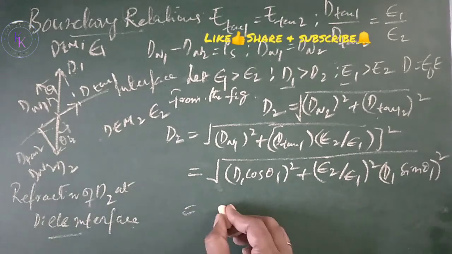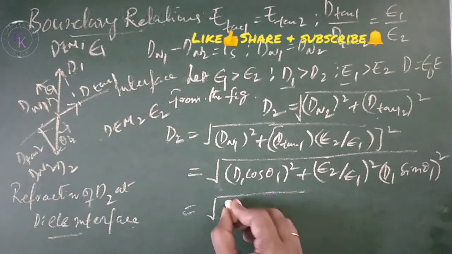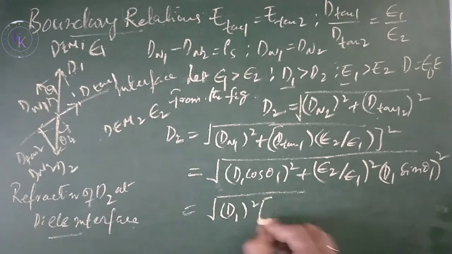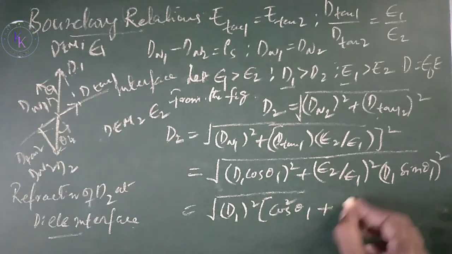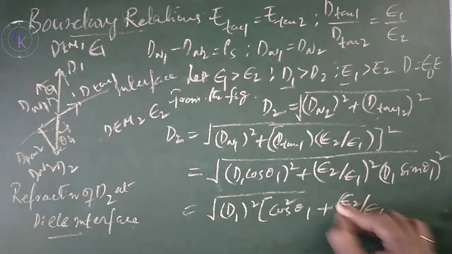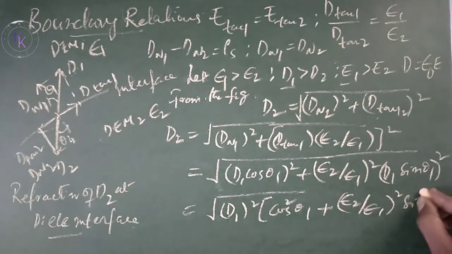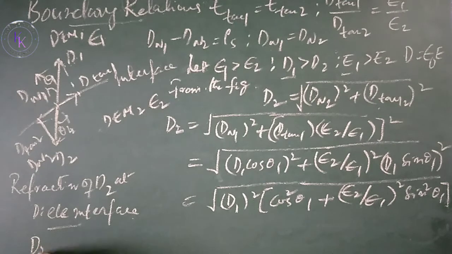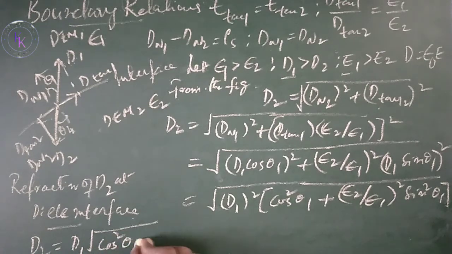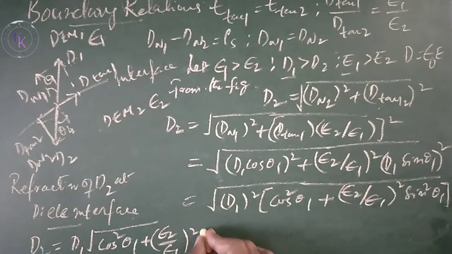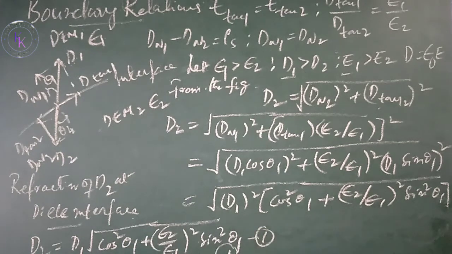Now from this, D1 whole square is common, then cos square theta 1 plus epsilon 2 by epsilon 1 whole square sin square theta 1. D2 equals D1 of the square root of cos square theta 1 plus epsilon 2 divided by epsilon 1 whole square sin square theta 1. Let this be equation number 1.